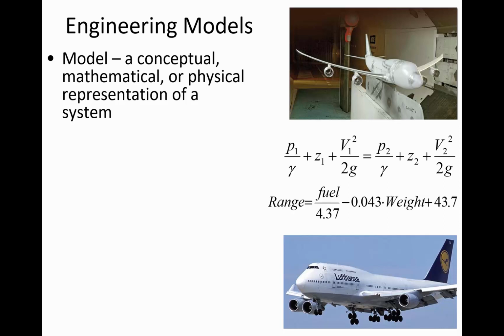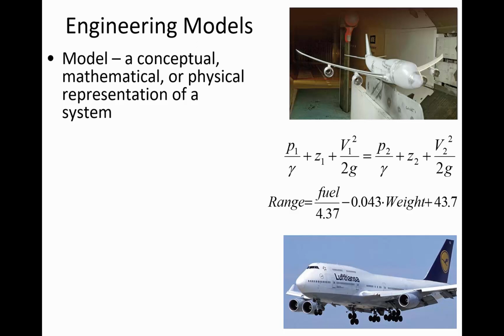So the difference between Bernoulli's equation, which is shown here, and then this formula that I've just brought up is what's known as an empirical equation. And an empirical equation is just derived from observations of reality, whereas a fundamental equation, like Bernoulli's equation, is based on the basic understanding of physics.